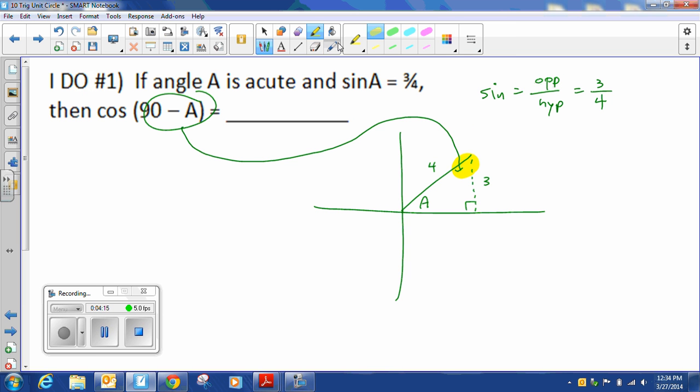Well, the cosine, you remember, SOHCAHTOA, is adjacent over hypotenuse. And the adjacent side is 3, and the hypotenuse is 4. So as you can see, the answer is 3/4. Okay, so sine of this acute angle equals the cosine of the other acute angle, as long as they are complementary. And they are complementary because this is a 90-degree triangle.